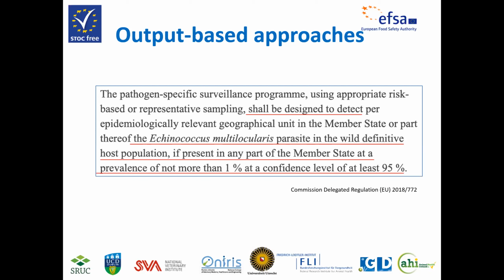So as outlined in the underlined text, in those countries believed free of infection, there's a requirement for a pathogen-specific surveillance program that, among other things, is able to detect the parasite if present in any part of the country at a designed prevalence of less than 1% with 95% confidence.